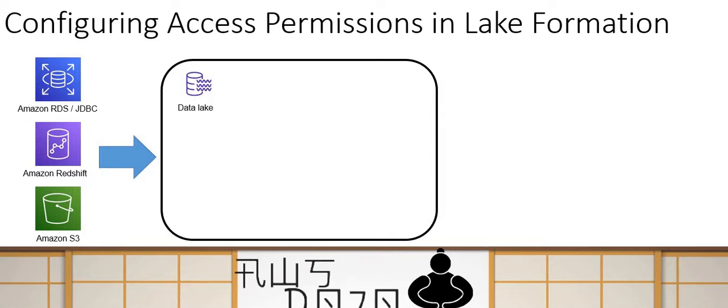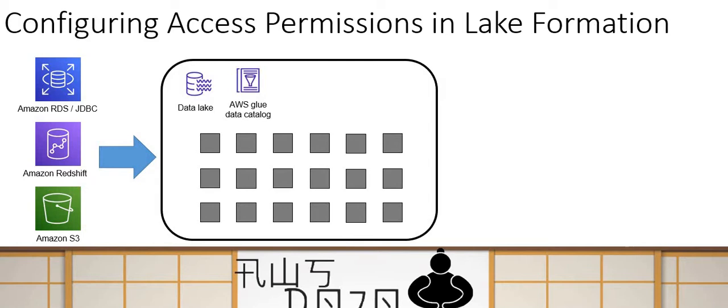Your data sources could be dispersed across different types of data stores depending on the nature of the data. These data sources are then cataloged in your data lake, so that your data is searchable, discoverable and queryable.